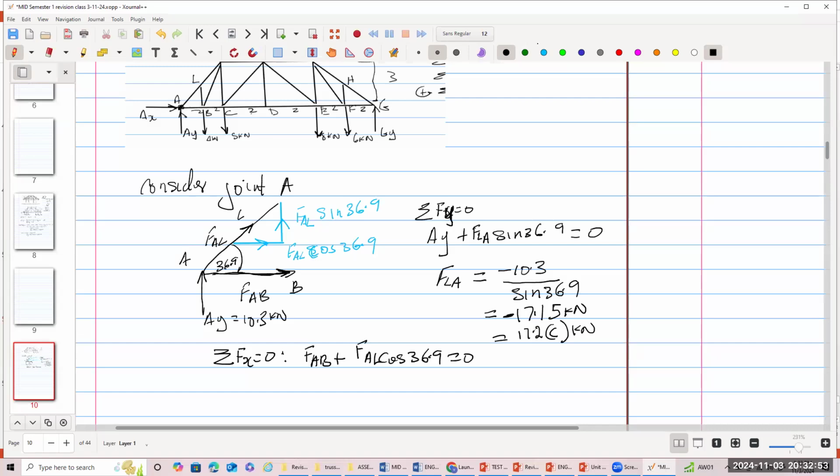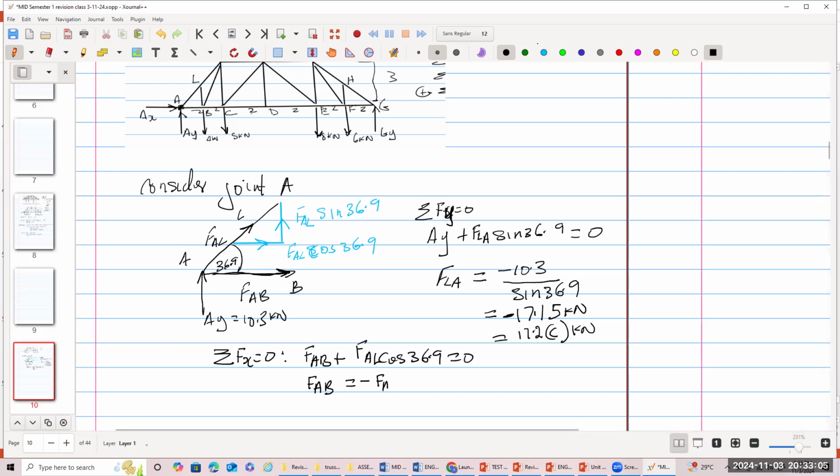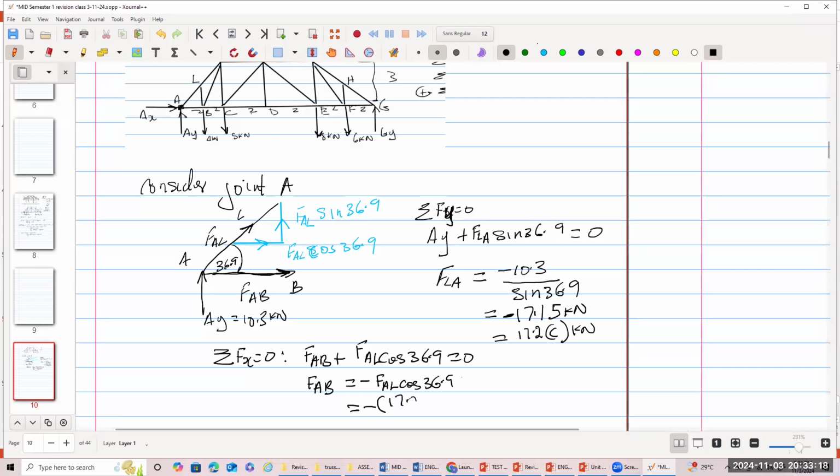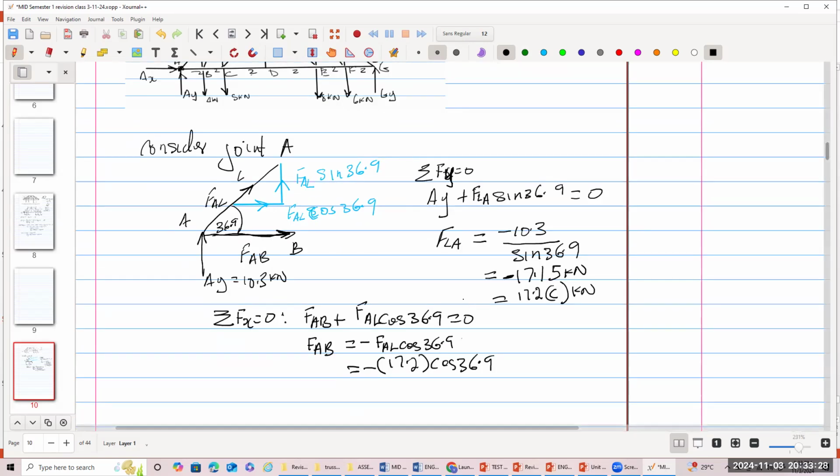No, I don't see any more. So FAB, which we don't know and are going to find, equals minus FAL cos 36.9. So this value is going to be minus bracket 17.2 cos 36.9. What value do we get here now?